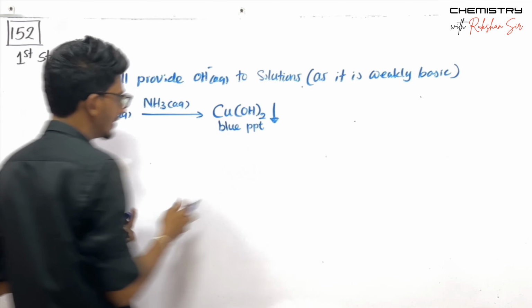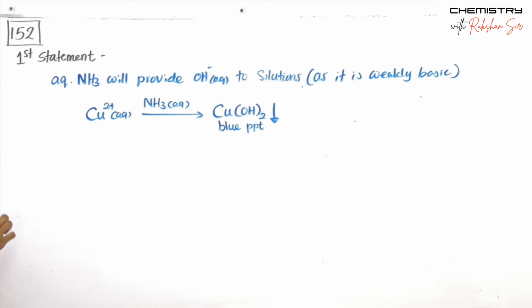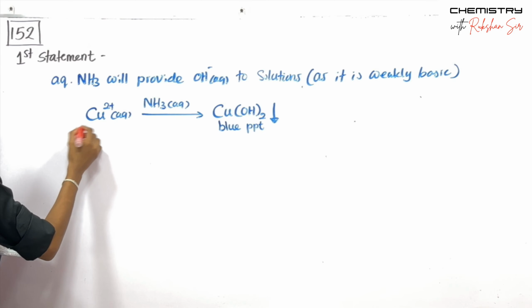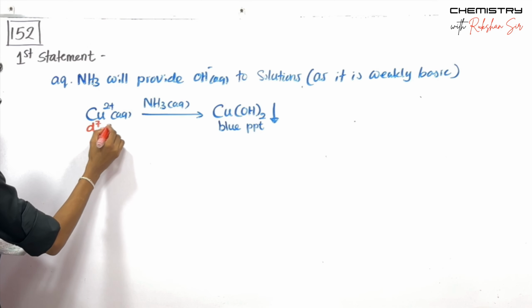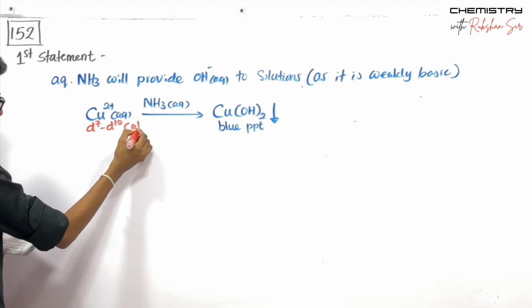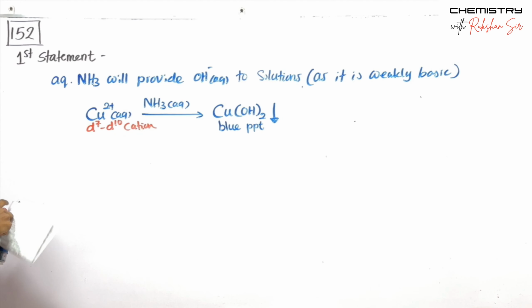As copper is coming up as a d7 to d10 cation, the excess ammonia addition will dissolve this one to form the amine complex.